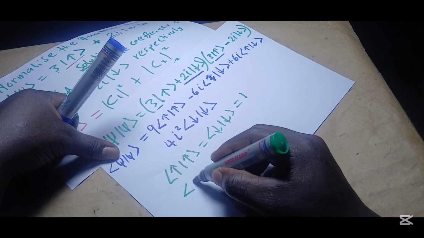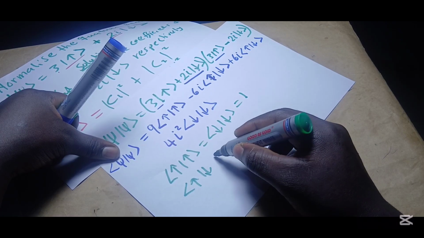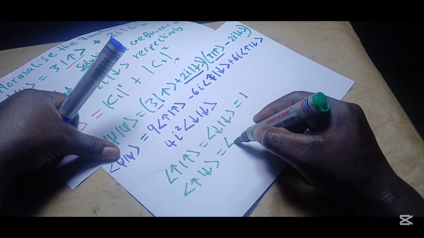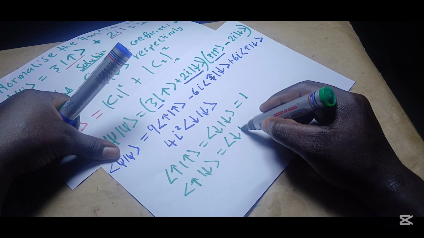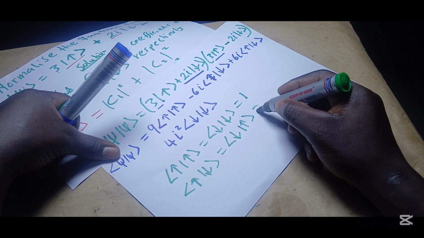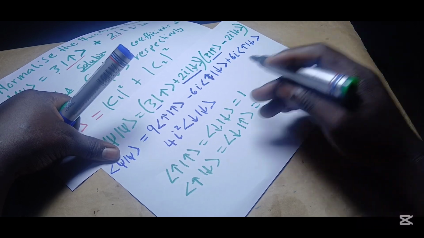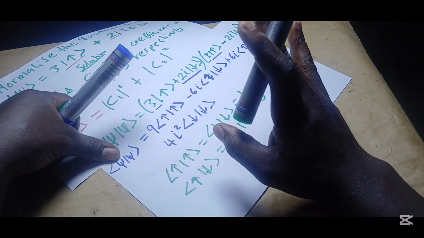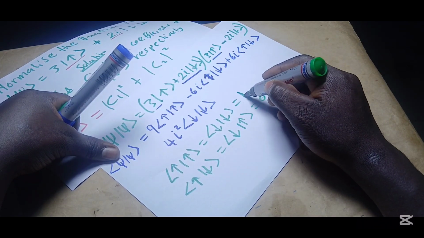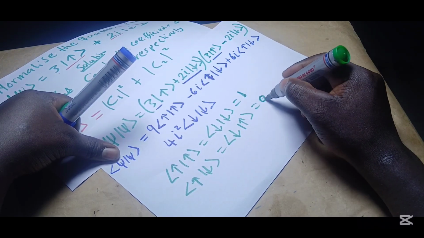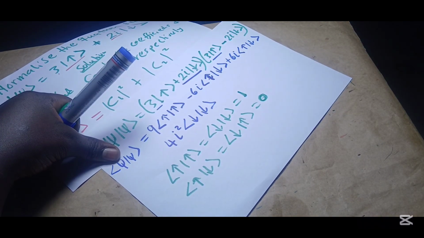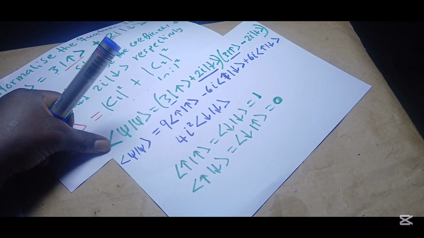And spin up, spin down is going to be equal to spin down, spin up, which is equal to 0. So if we have the spins facing the same direction, we get a probability of 1. But if one is facing up and one is facing down, we get a probability of 0. So now let's go back to the problem.